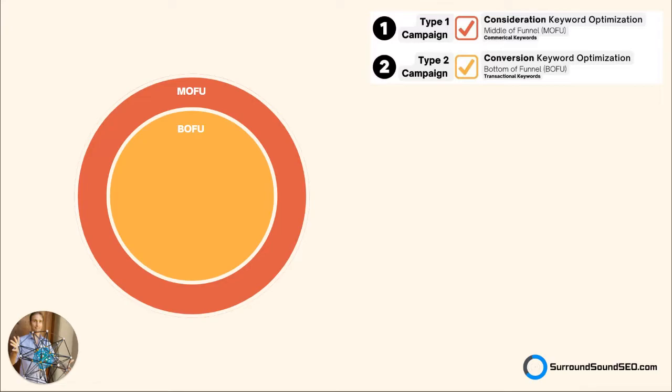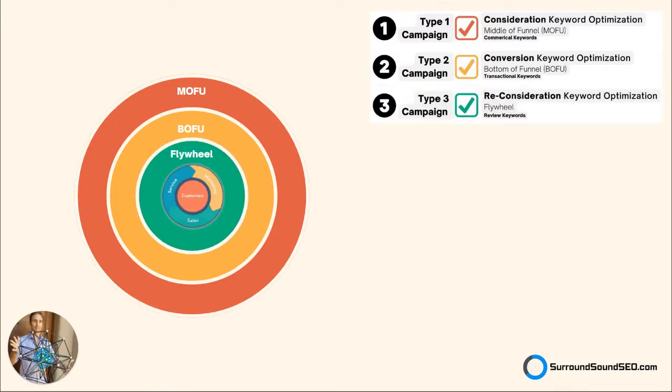Inside of that, there is the conversion or the bottom of the funnel. Again, this is still the traditional funnel model. This is a type 2 surround sound campaign because we focus on transactional keywords when we're tracking them in SEMrush's surround sound tool. Then we have flywheel keywords, which is a type of transactional keyword, mostly review or flywheel keywords. If it contains the word review and reviews and a few others, we watch those very closely.